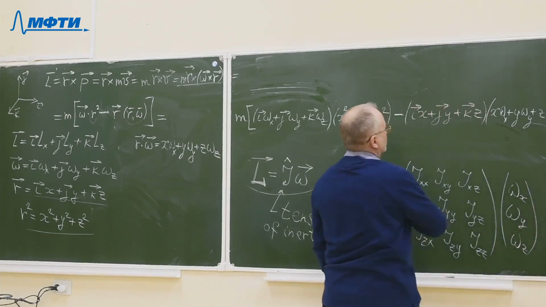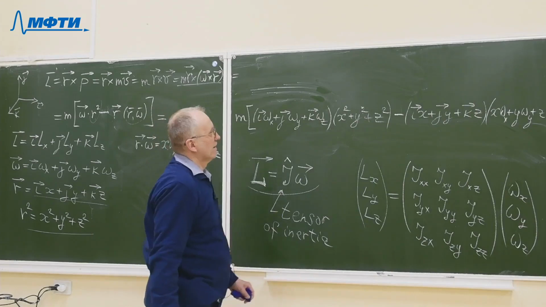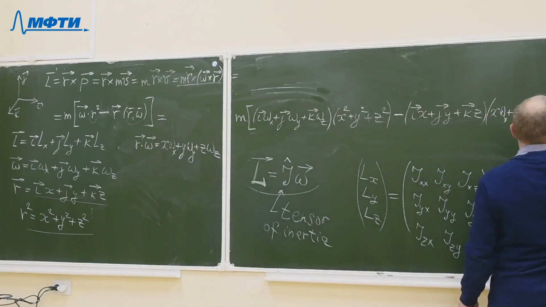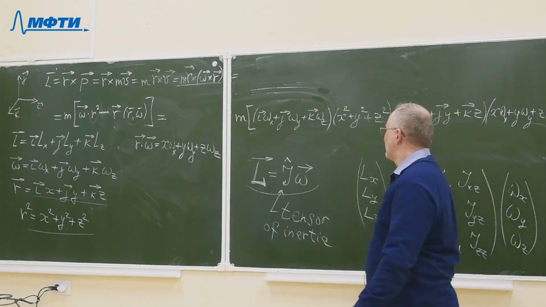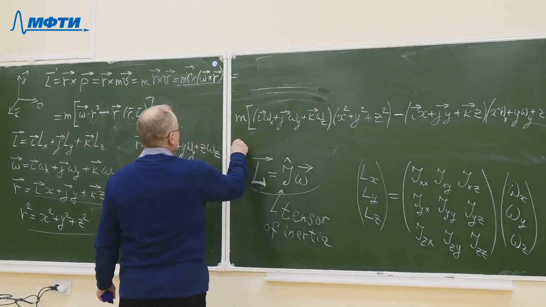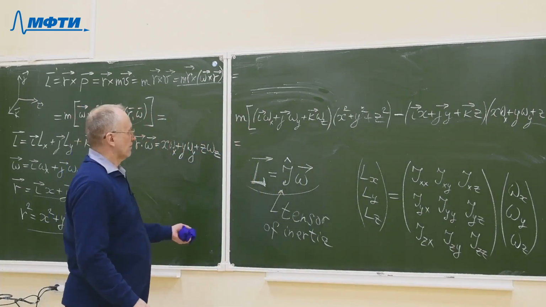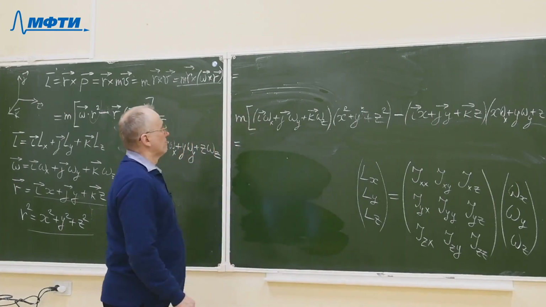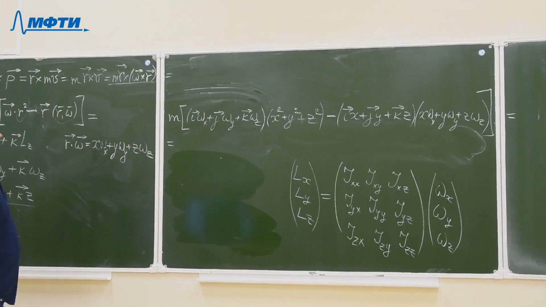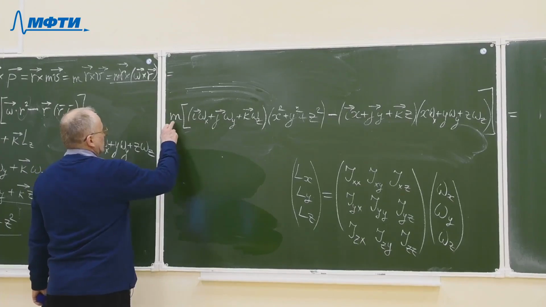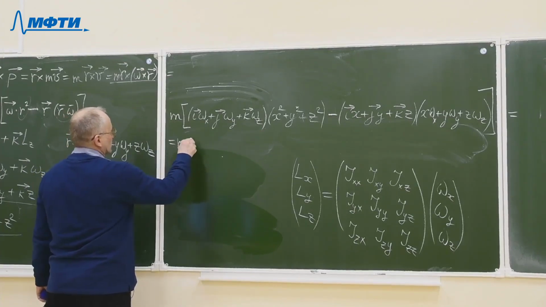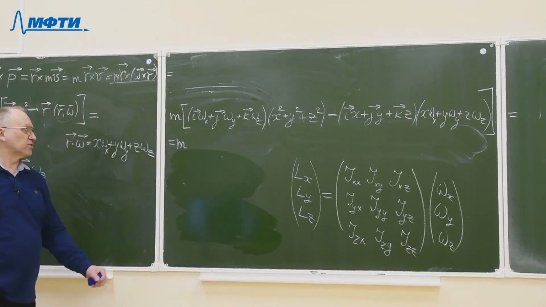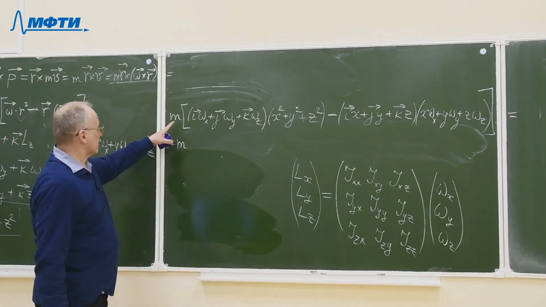We close the square bracket and continue this equation here. We should not forget about this coefficient m, the mass of a point body.